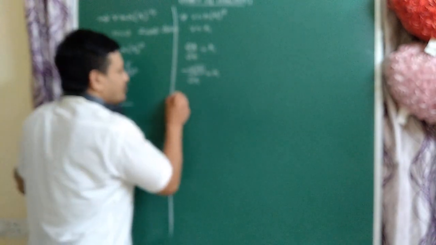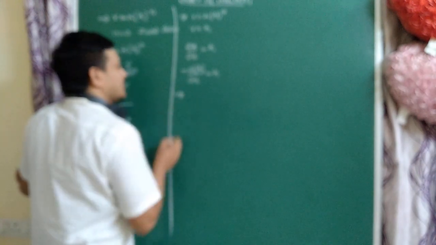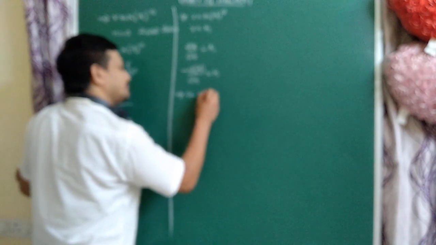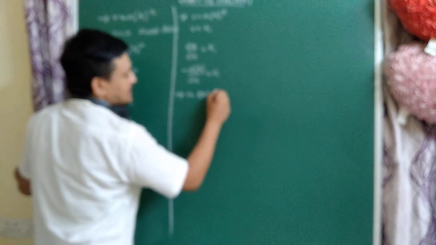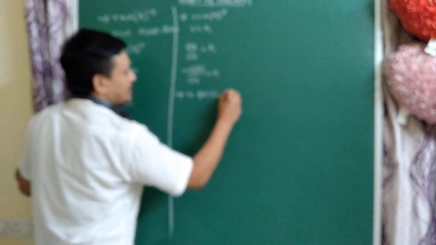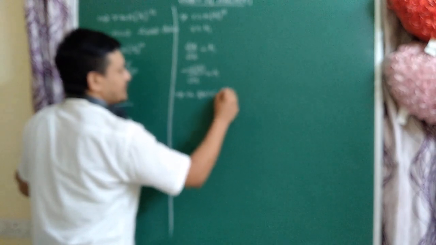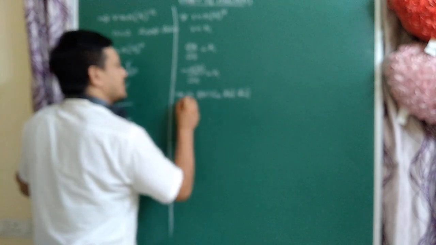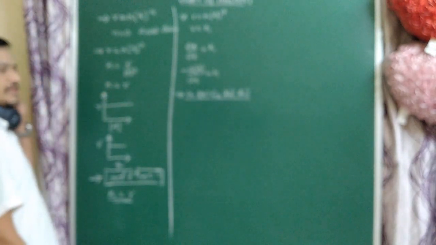Here some important terms: A, R, C naught, or A naught, the concentration of A naught or the concentration of R naught. All these terms indicate the initial concentration of the reactants.